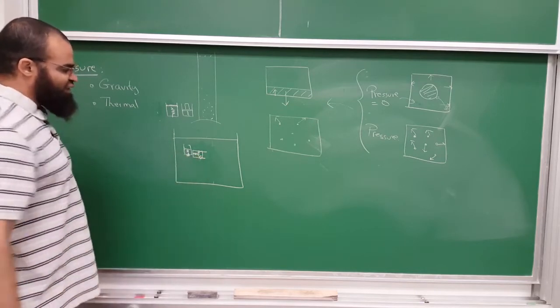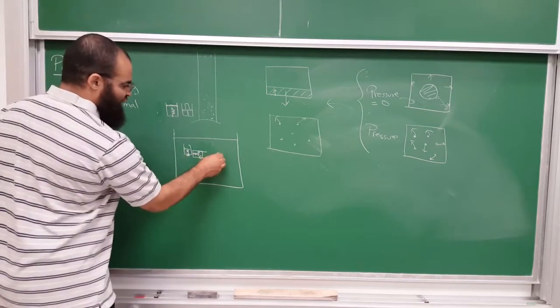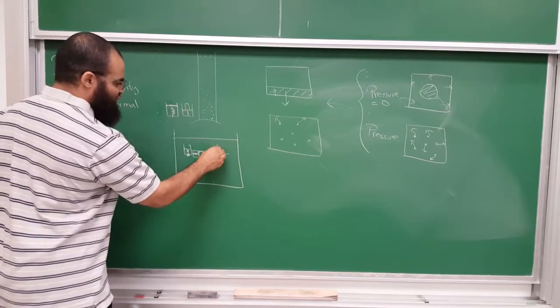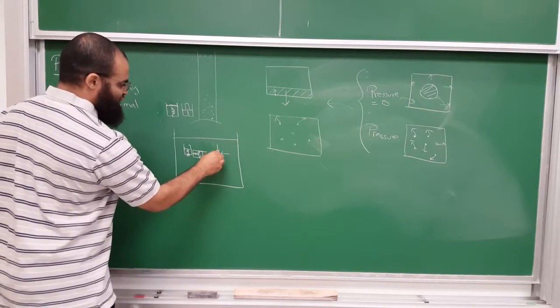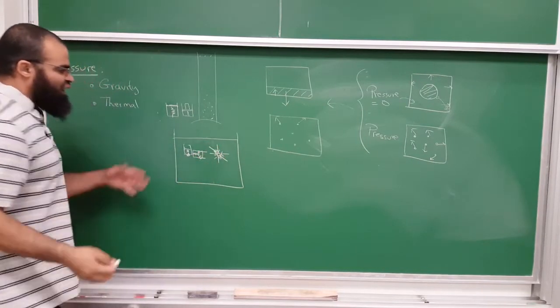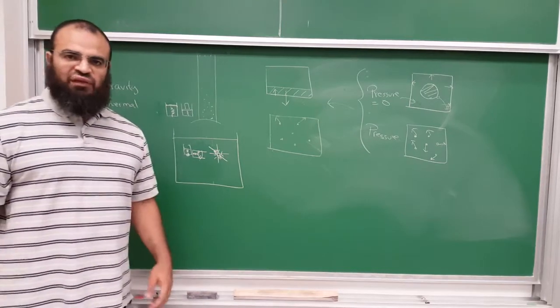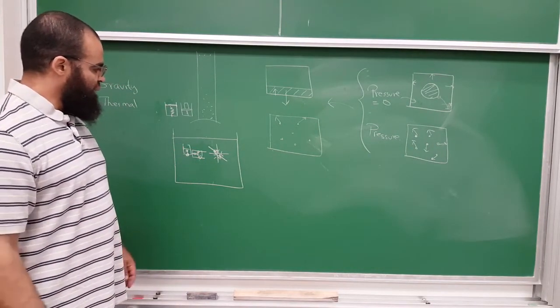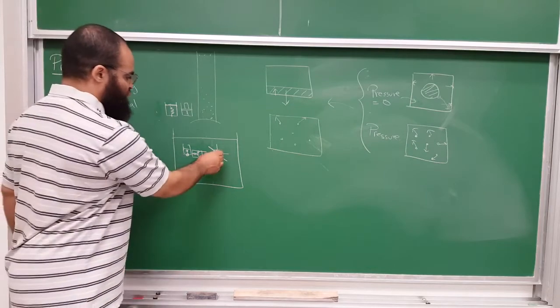It will compress by the same amount. So the pressure at a particular point will be the same. The liquid is pushing you this way, this way, this way, this way. In every direction, the pressure will be the same, at that one point.